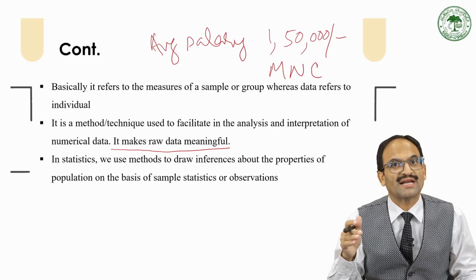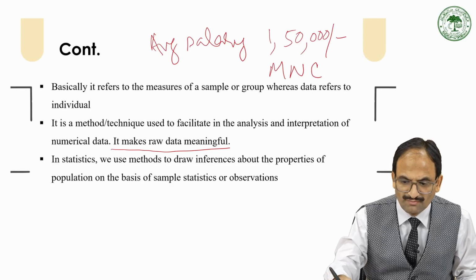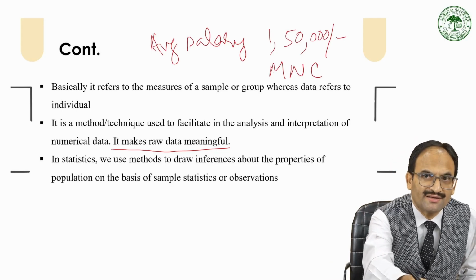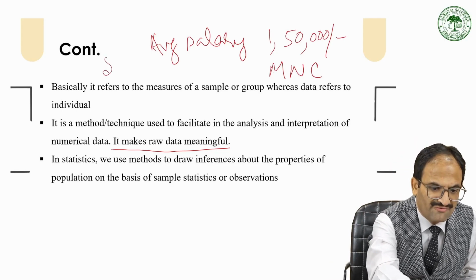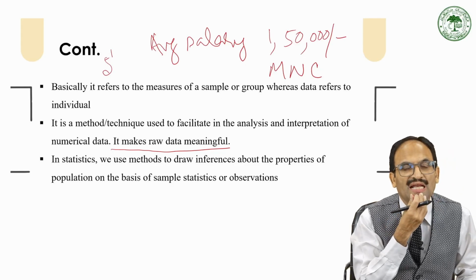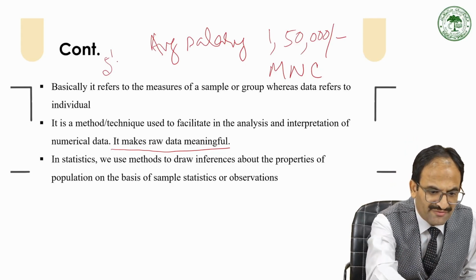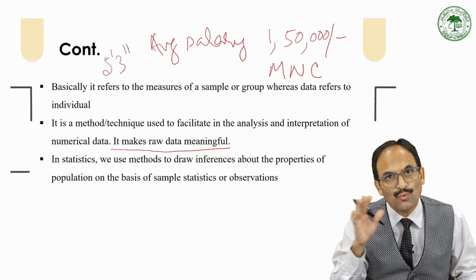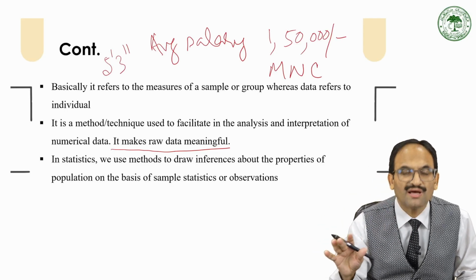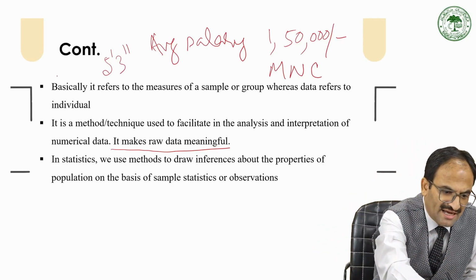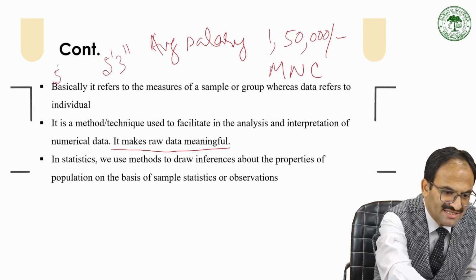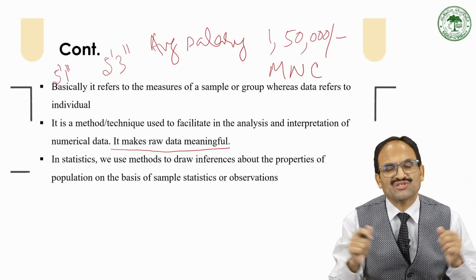Again, I am giving you another example. Suppose I say the average height of an Indian male is 5 feet 3 inches, whereas the average height of a Chinese is 5 feet 1 inch.